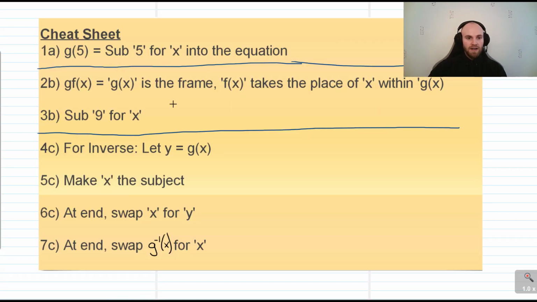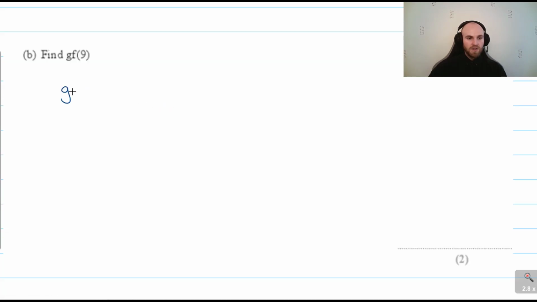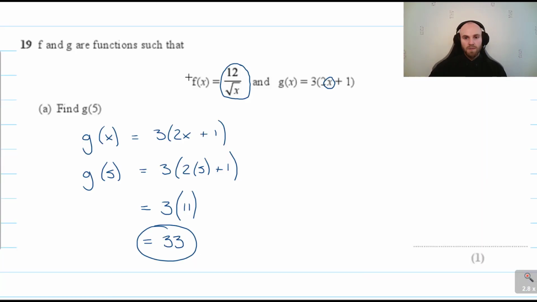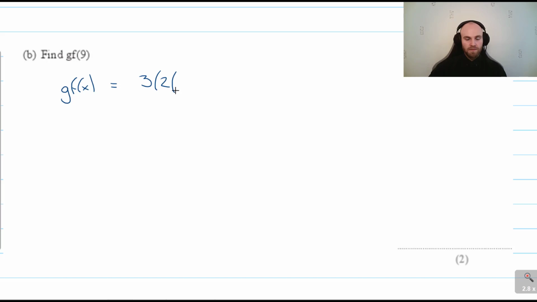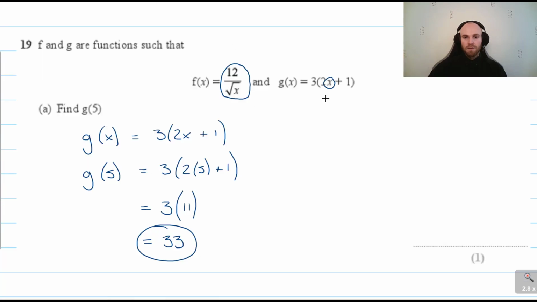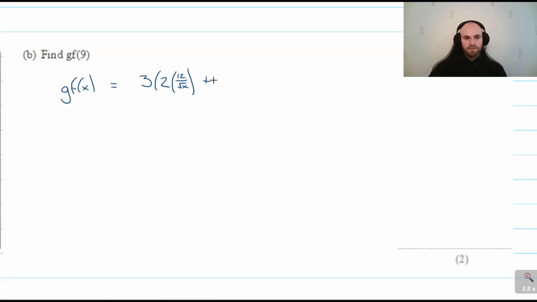So we're going to have gf of x equal to, I think it was 3 and then 2 if we go back, then we have the x, so we take this 12 over root x and put it in its place. Plus 1.